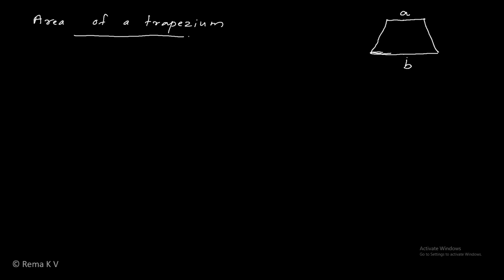Let the lengths of the parallel sides be A and B. You can take this as A or this as A. One side is A and the other side is B. And the perpendicular distance between these two parallel sides is taken as H. Then the area of a trapezium is equal to half H into (A plus B).